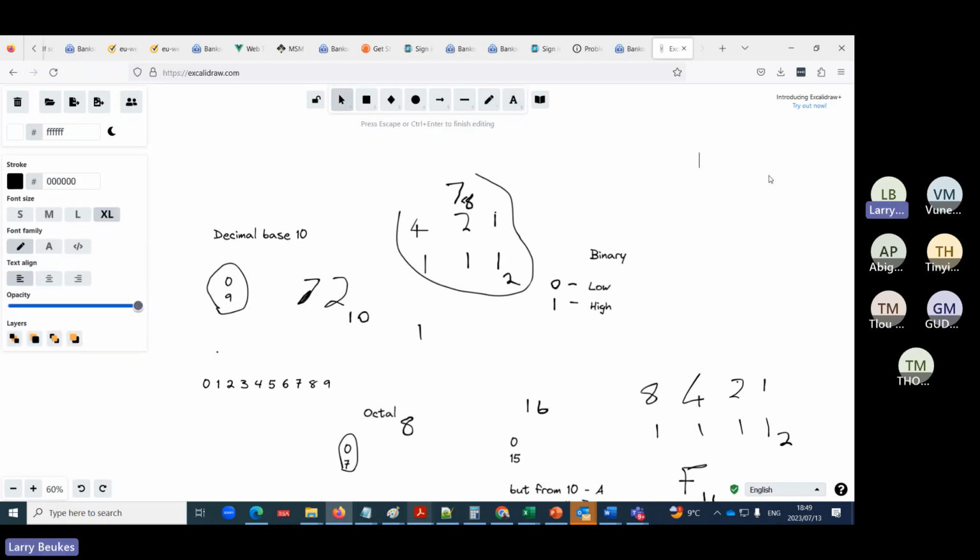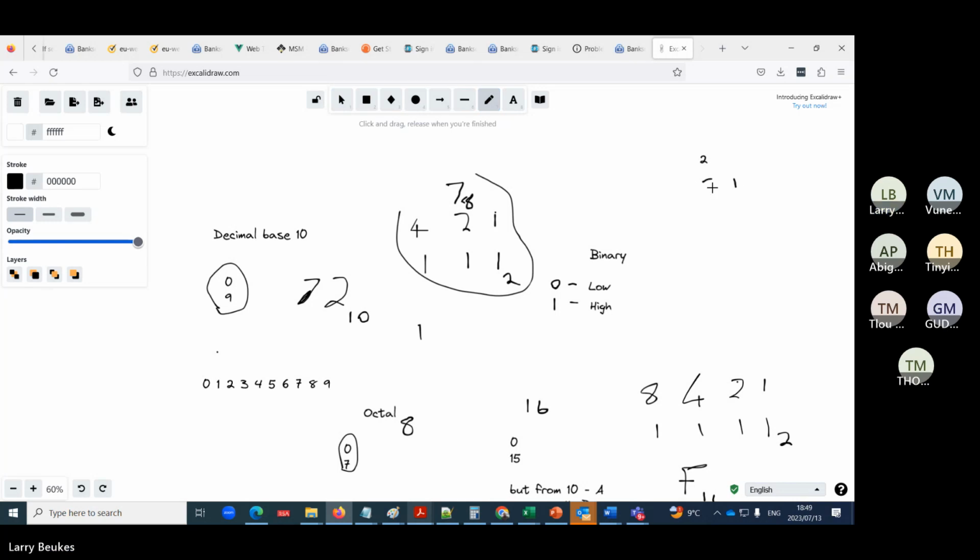We know 2 in binary, it's going to be 1, 2, 4, right? I'm always using 3 bits because I said you group in threes here. So for 2, this will be a 0, this will be a 1, and this will be a 0. So basically 2 in binary will be 0, 1, 0, right? Okay, 0, 1, 0. So let's go to the other one and see.